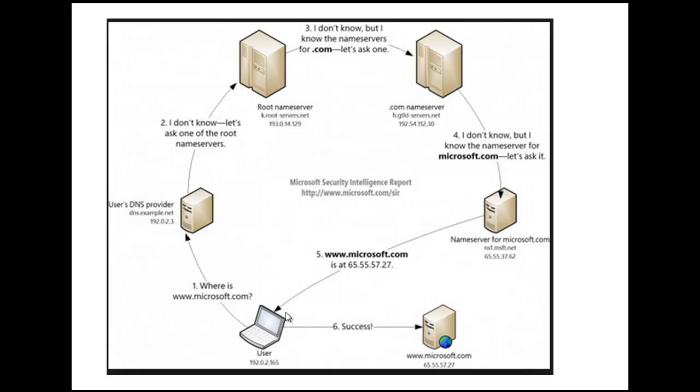When you make a query, that query will go to your local DNS server, and the local DNS server will search its database to see if it has that name that you're looking for, if it has the IP address for that name. And if it has that name, it will then send the IP address back to you so that you'll be able to contact that particular client on the network.